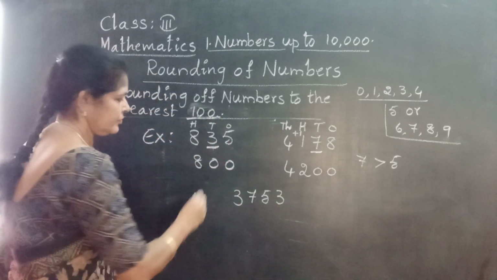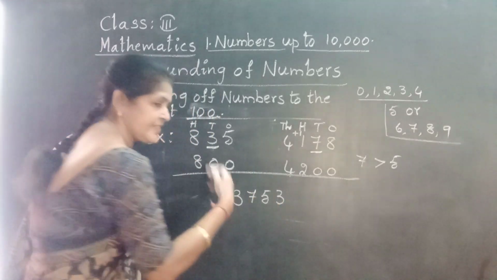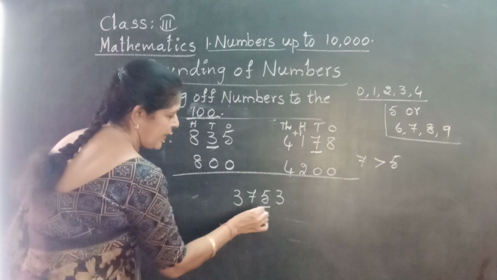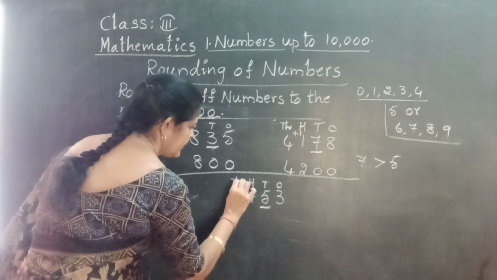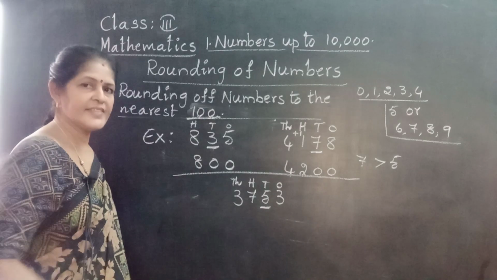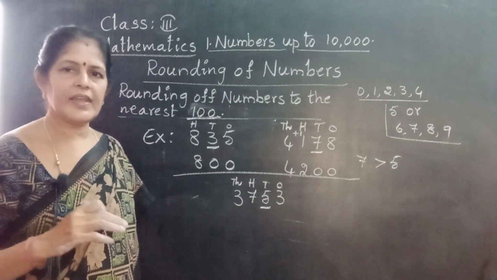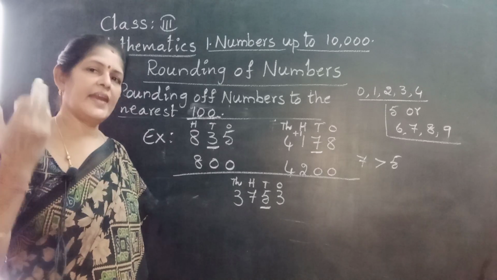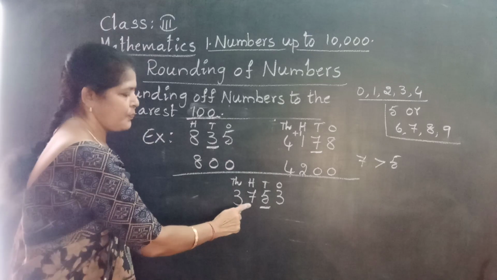One more example. 3,753. Same rule. Check the tens place number. Ones, tens, hundreds, thousands. What is in the tens place? 5. The rule is, if the tens place number is 5 or greater than 5, we add 1 to the hundreds place.